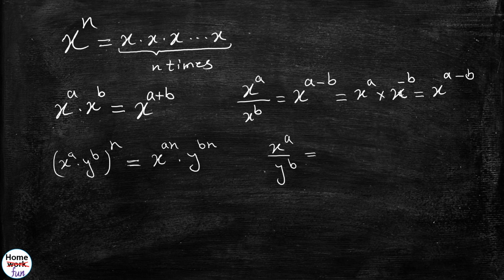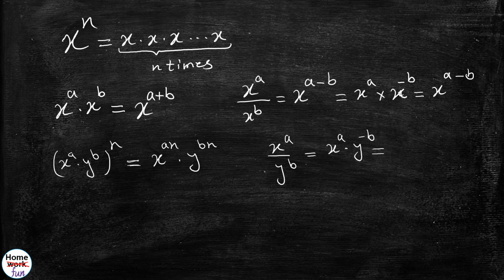You can write it as x to the power of a times y to the power of negative b. Here you cannot say x to the power of a minus b. You cannot just subtract the powers because the bases are different. You can just bring a term to the top, flip the sign of it, and in reverse.